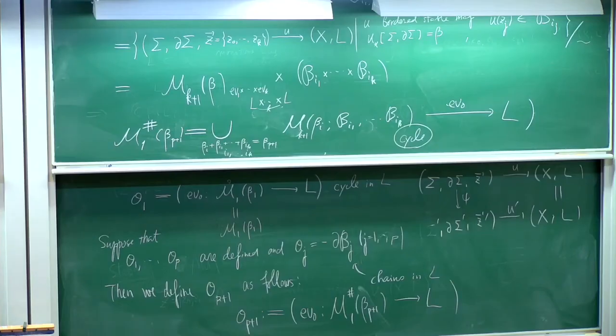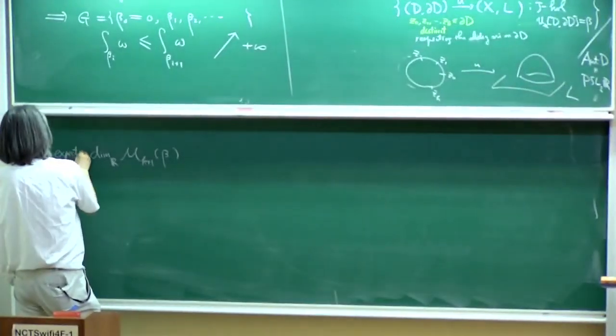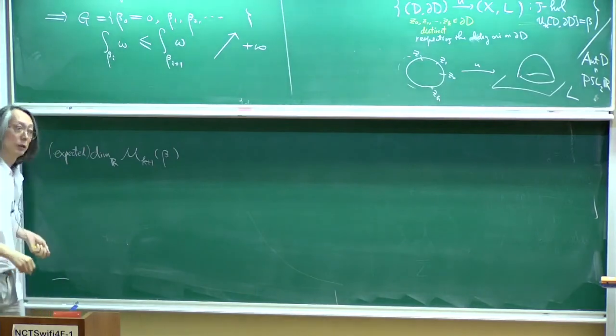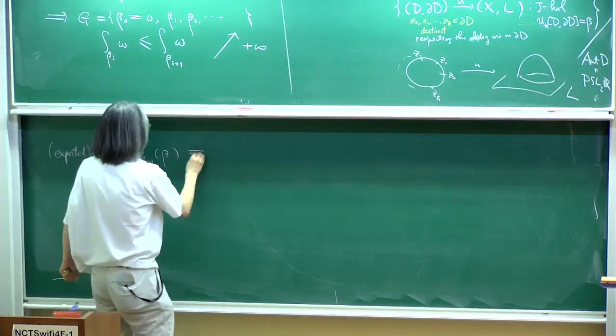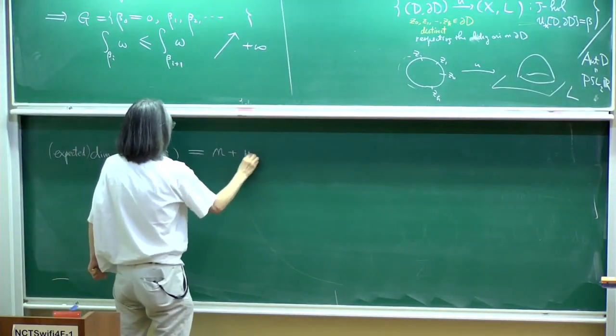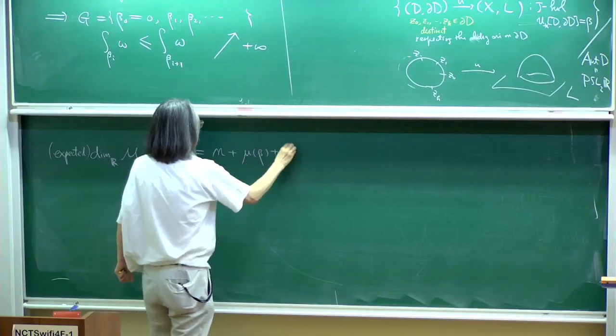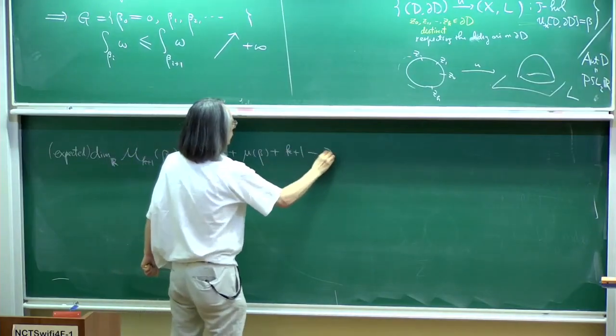So you have this M_{k+1}(beta), and then take the so-called expected dimension by the index theory, and this one is equal to n plus mu(beta) plus k plus 1 minus 3.